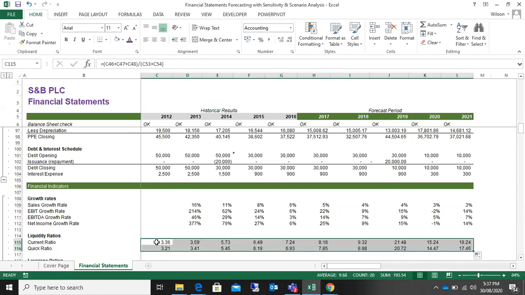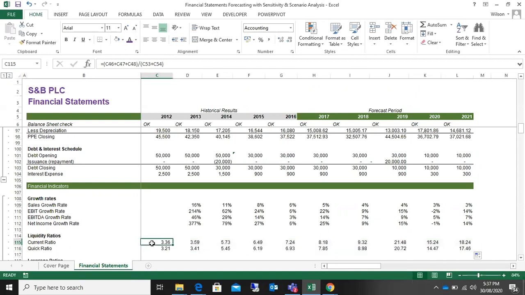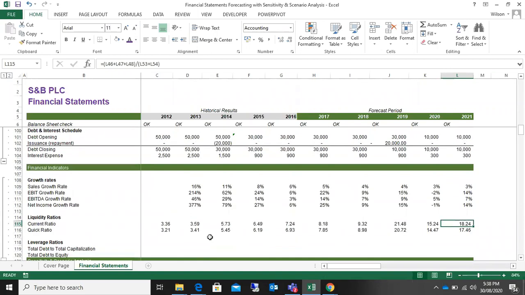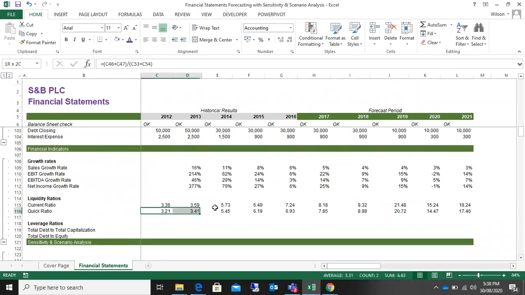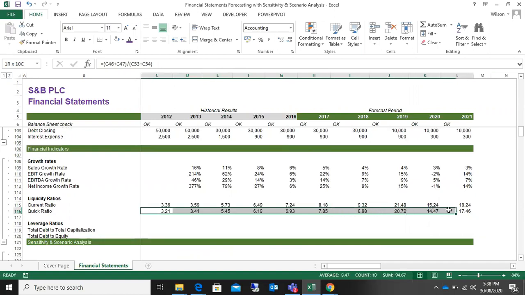Now you see that the quick ratio is increasing: 6.49, 7.2, 8.81, 9.32. So it's actually increasing all through. It also went up. So this business is actually a great business, a highly liquid business. Now, if you look at the current ratio, you see the business is highly liquid.